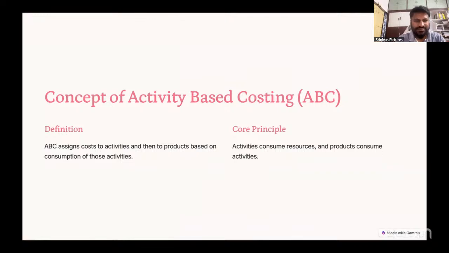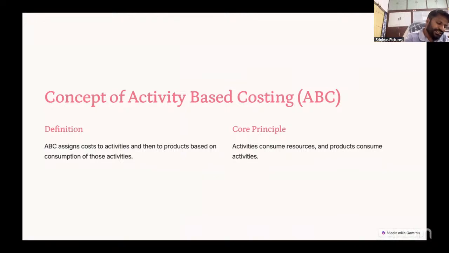Activity-based costing assigns the cost to activities, then to products based on the consumption of those activities. So that is called activity-based costing. One of the best tools for refining the cost accounting system is activity-based costing.